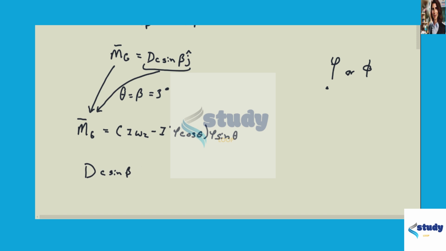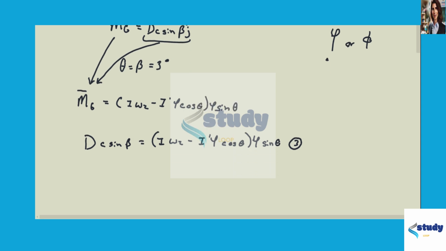Okay. And equals I omega_z minus I phi cosine theta. And yeah, I'm just saying the letters because it's faster to say the equation that way. And so we're going to call this equation 3.